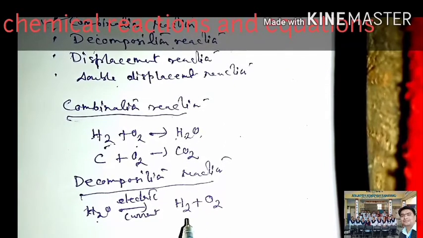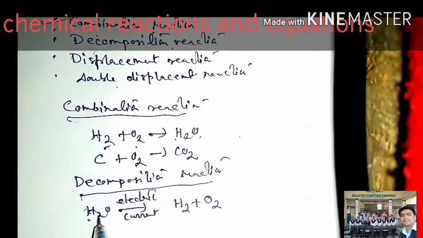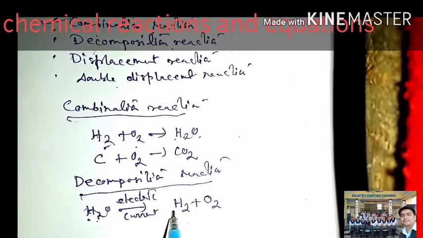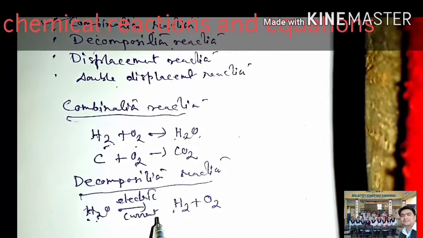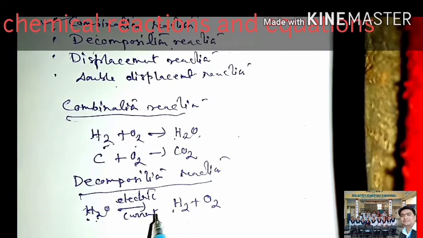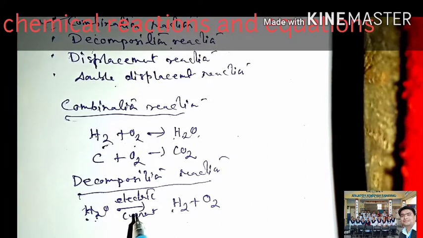So students, here you see in this particular equation that there is only a single reactant, but the products are more than one. Such kinds of reactions are called decomposition reactions, where the reactant is a single one and the products are more than one. That means a single reactant gives more than one product.